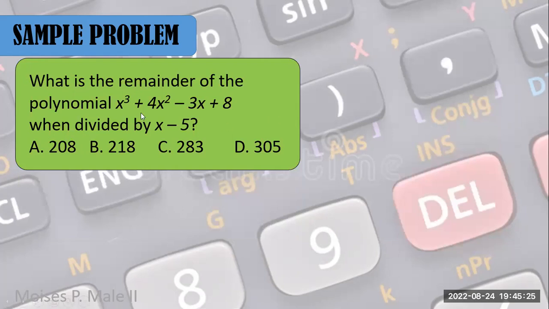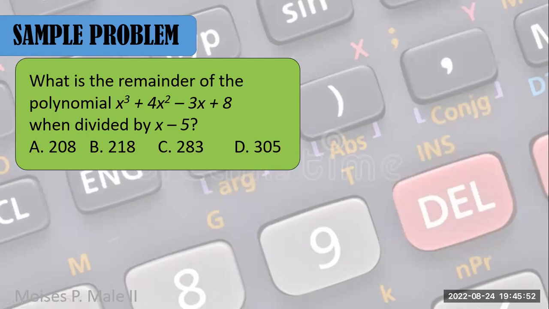What is the remainder of the polynomial x cubed plus 4x squared minus 3x plus 8 when divided by x minus 5? What is the remainder theorem? When divided by x minus a, the value you get when you substitute that a into the polynomial is the remainder.